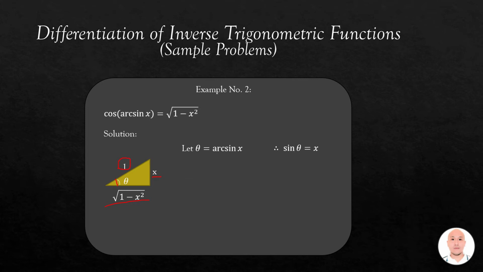Therefore, sine theta is equals to x over 1, or simply, sine theta equals x. So from the figure, cosine theta is equals to adjacent over hypotenuse, which is equivalent to square root of 1 minus x squared over 1. Thus, cosine of arc sine x is equals to square root of 1 minus x squared.